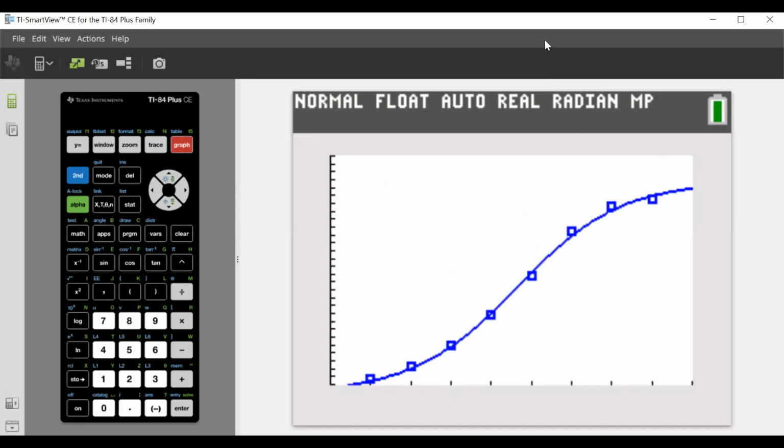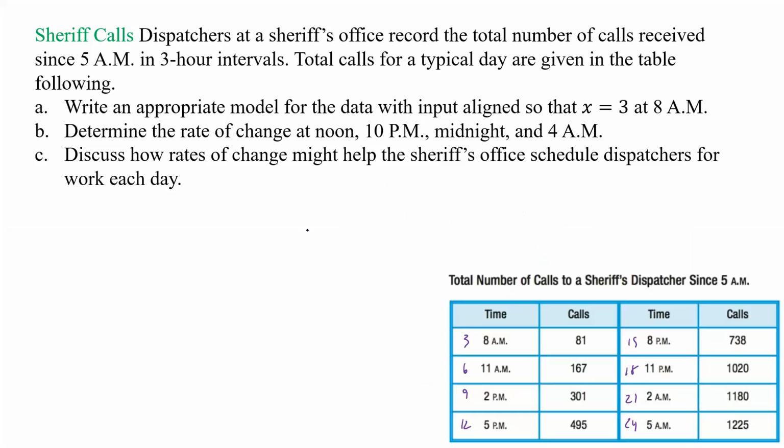And so now let's go back here and write that model down. Let's call it sheriff's calls, S of x, equal to 1342.077 over 1 plus 36.797 e to the negative 0.259x.